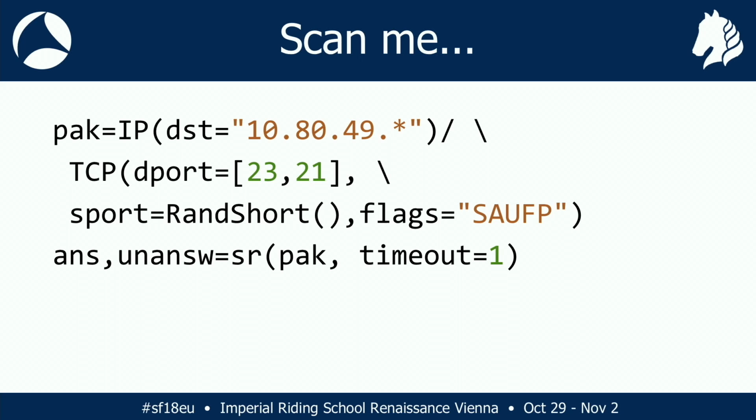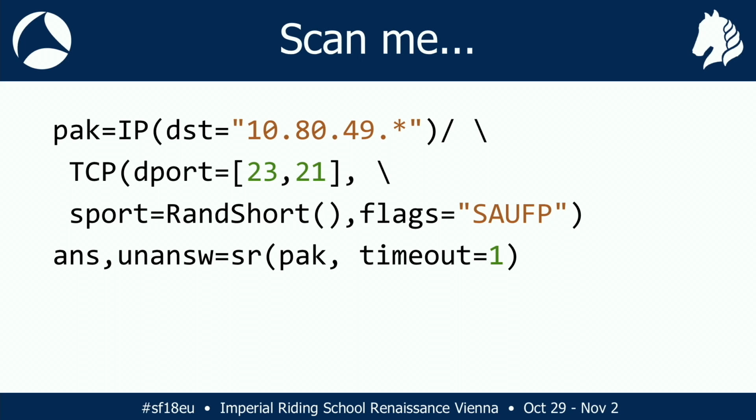And the TCP header will have the flags SYN, ECE, URG, FIN, PUSH, SET. So normally you wouldn't see such a packet in real life. And all 3, the IP and the TCP layer, is now assigned to the pack variable.